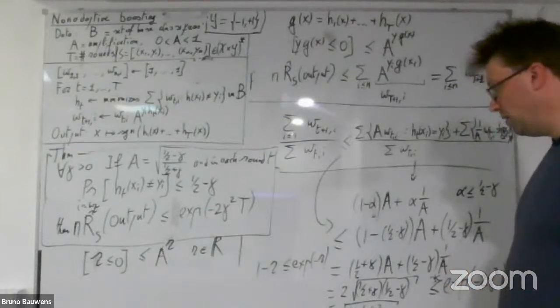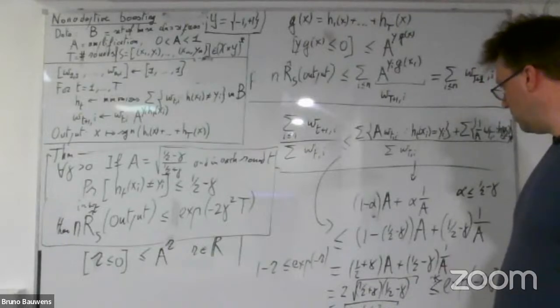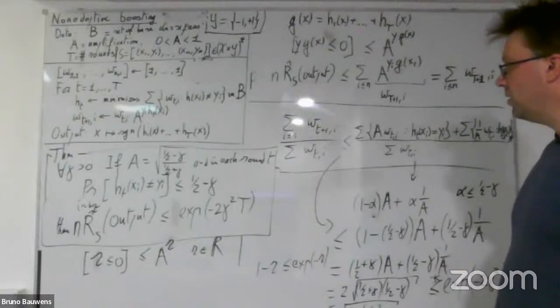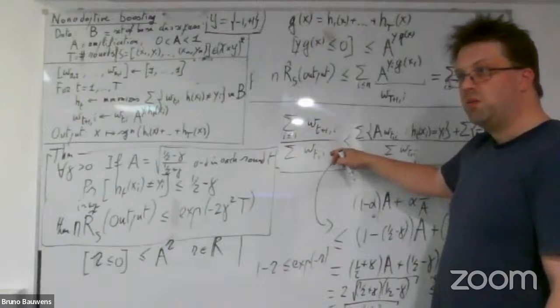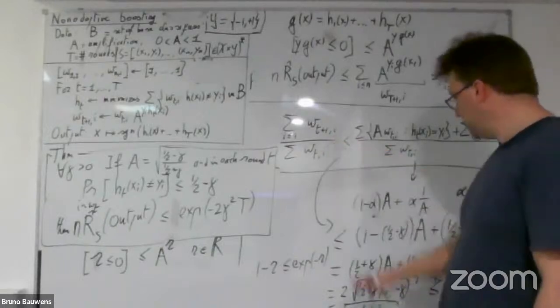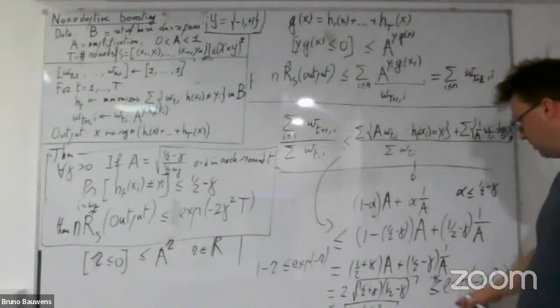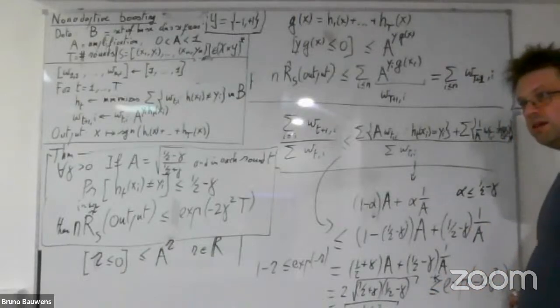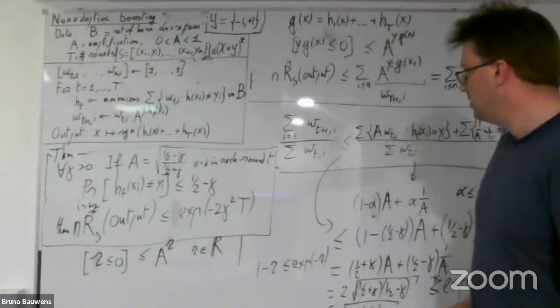So we get exponent minus 2 gamma squared. This is for every round. When we go one round, the sum of weights decreases by this factor, which is bounded by this thing. And then we have the product.